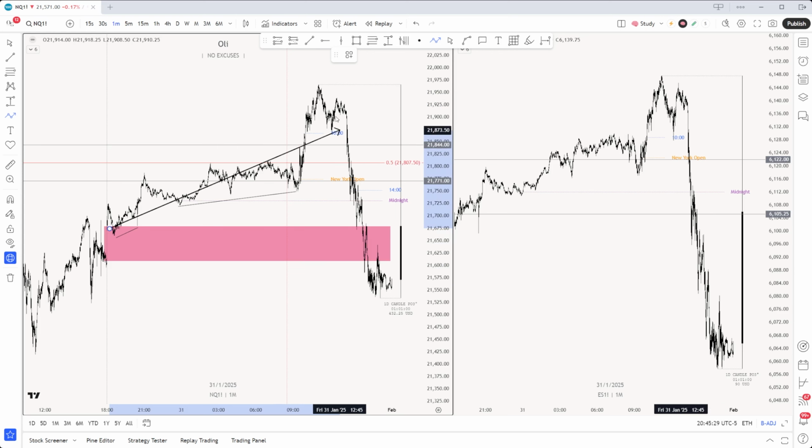Now, with hindsight, this is easy to visualize. But without hindsight, it's easy to know that I understand in which order price has to form these things. And we are not going to leave a huge gap just like this. This is a huge area of interest. So if we haven't made something that could be considered a possible low of day, then I'm not interested in taking longs because I know my better trades, my larger expansion trades will be lower.